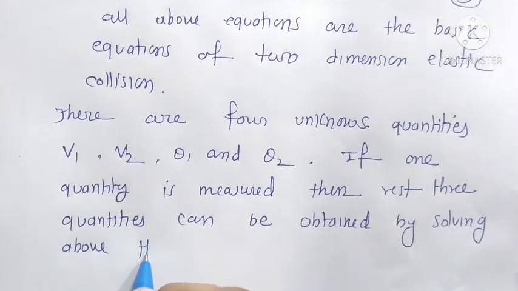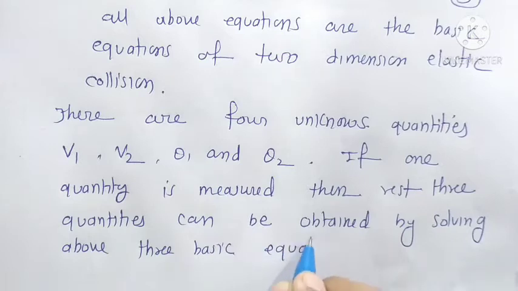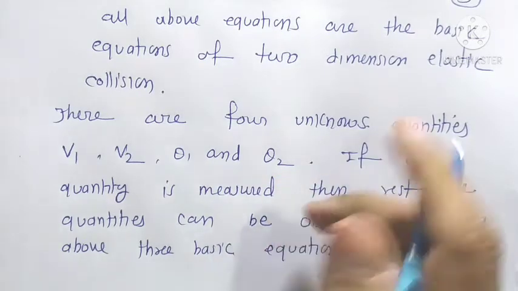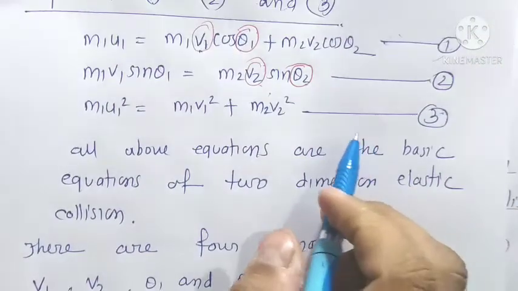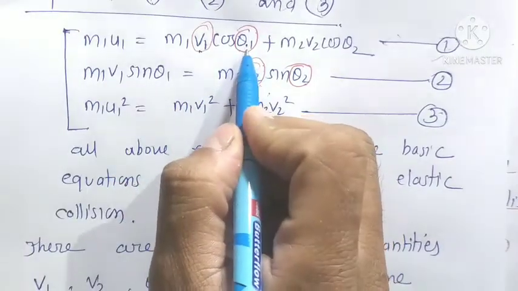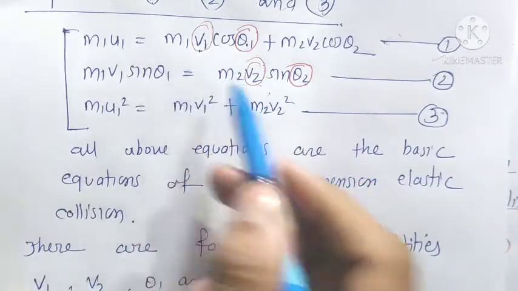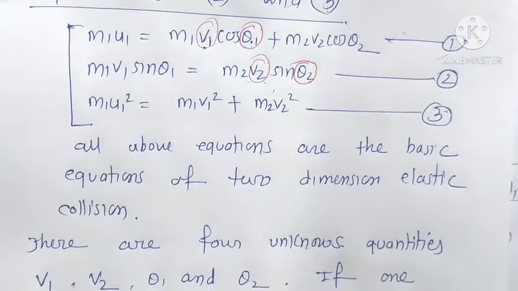How many equations are given here? 3. If one quantity is given, either v1, v2, whatever it be, then we can solve these equations and we will get all the unknown quantities.